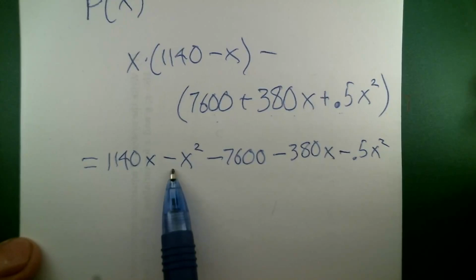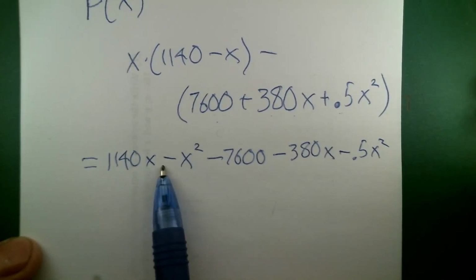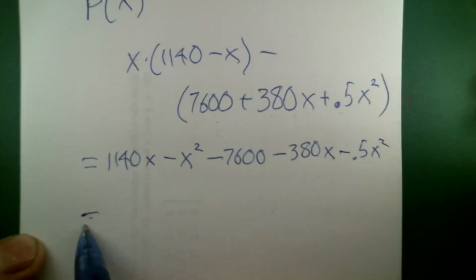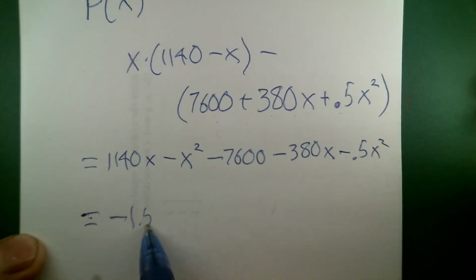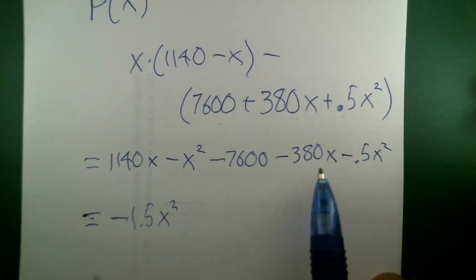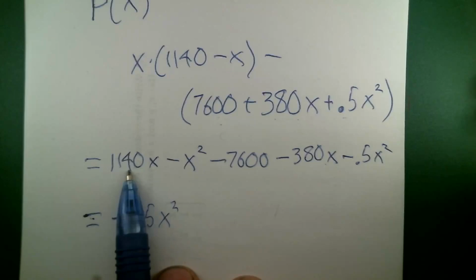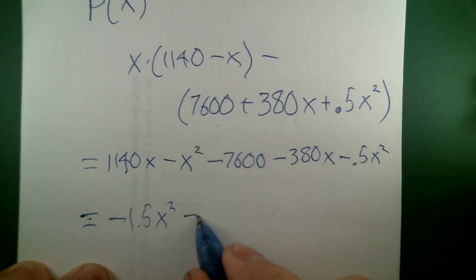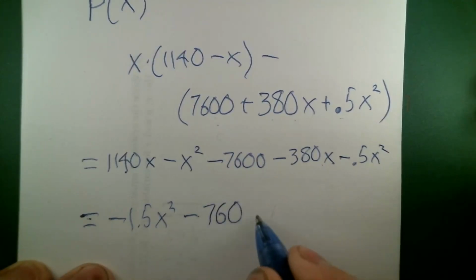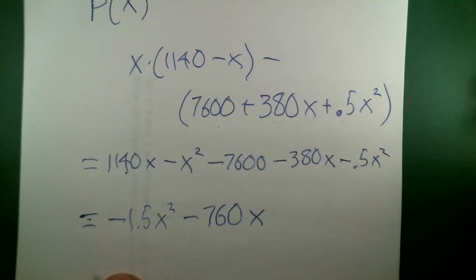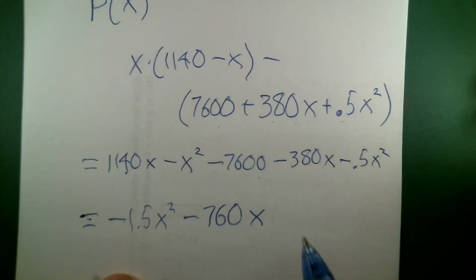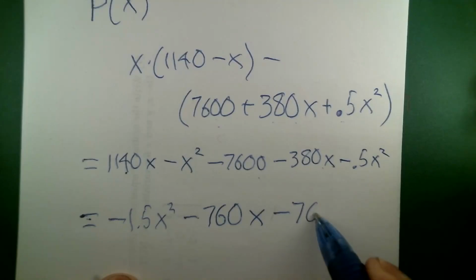You see that the highest power is the second power, and we've got a minus x squared and then a minus a half x squared. So that's just negative 1.5 x squared. The next highest power is x to the first power. 1140 minus 380 is 760x. And then finally, the only constant, minus 7,600.